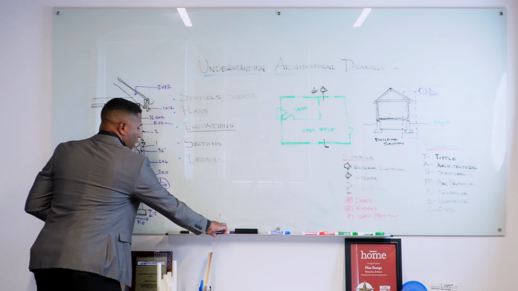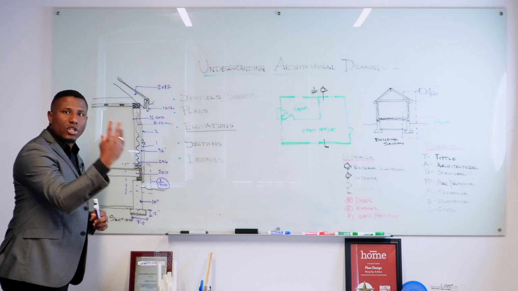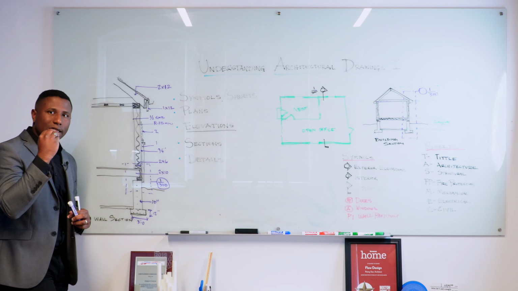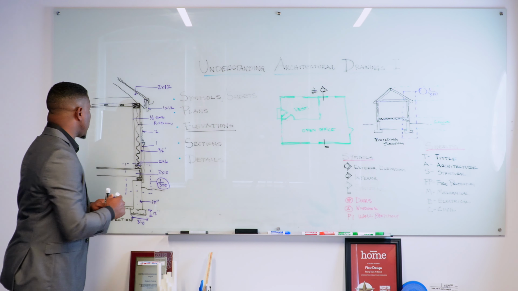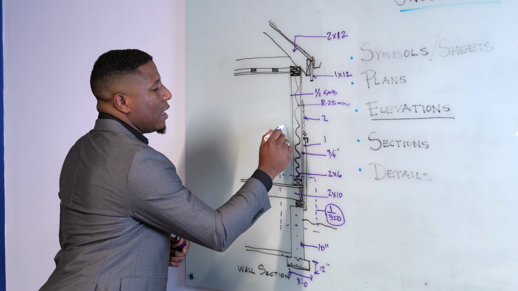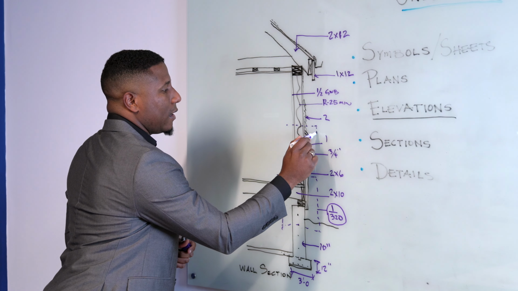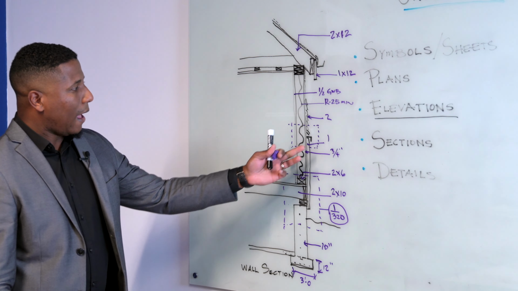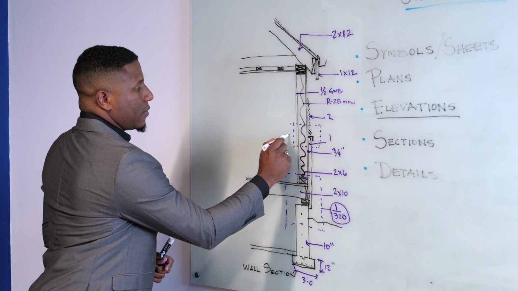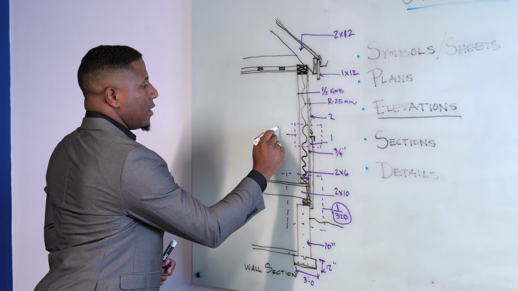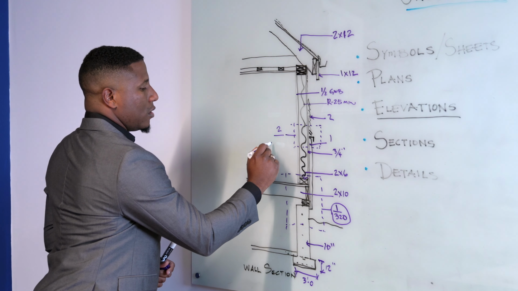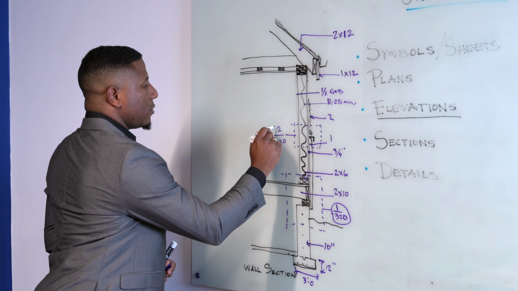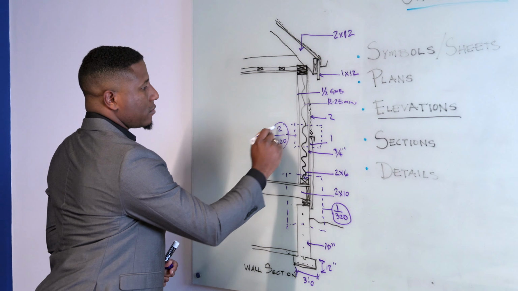The way that you describe that is by enlarging that section and creating a detail that specifies this material connection. If I want to create an enlarged detail here, I create a call out of that connection, and that connection is going to be detail 2 on 320, for example. This is just an example.